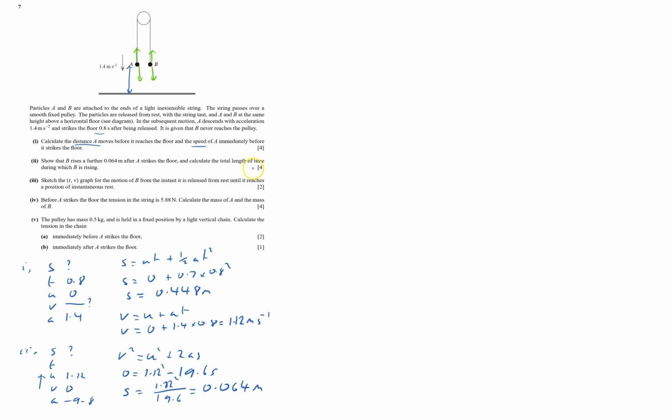And calculate the total length of time for which it is rising. To do that, I need to find out what the time is. So I'll take it right up to the top here now. I'm going to use V equals U plus AT. And that means that 0 equals U, which is 1.12, and A is minus 9.8, times T. So T will equal 0.114287.